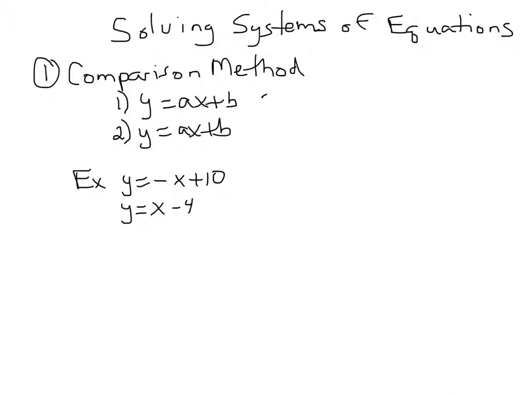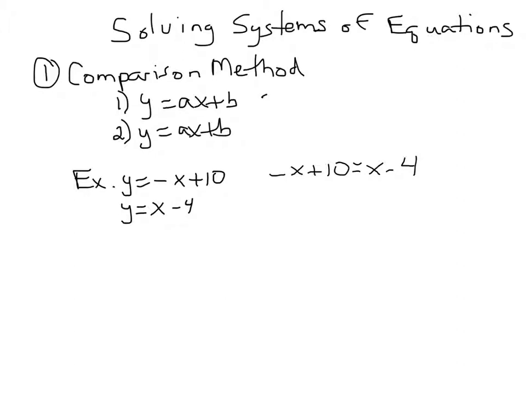Those are your two equations. When I say set them equal to each other, what I mean is you're going to take the back half of your equations, the negative x plus 10 and the x minus 4, and put those equal to each other. So basically you're setting y equal to y. So negative x plus 10 equals x minus 4.